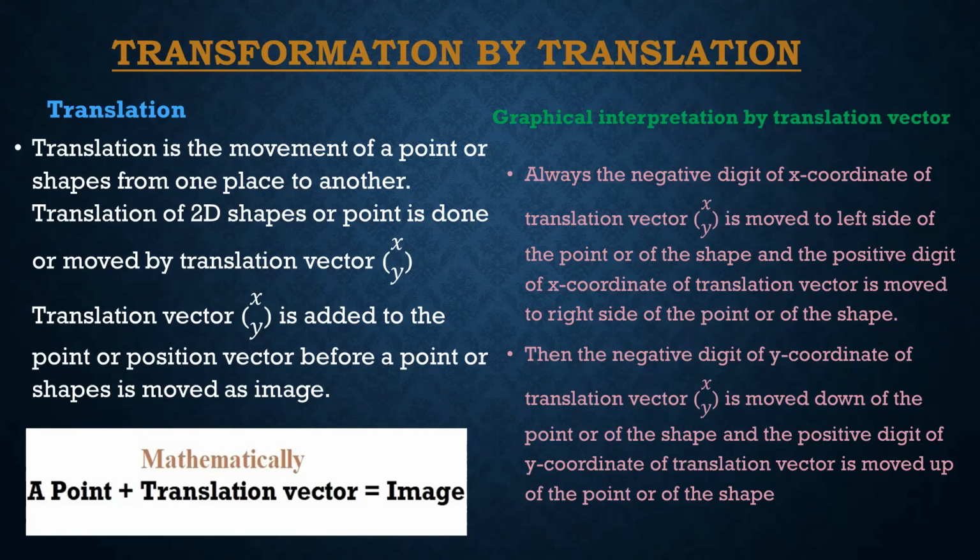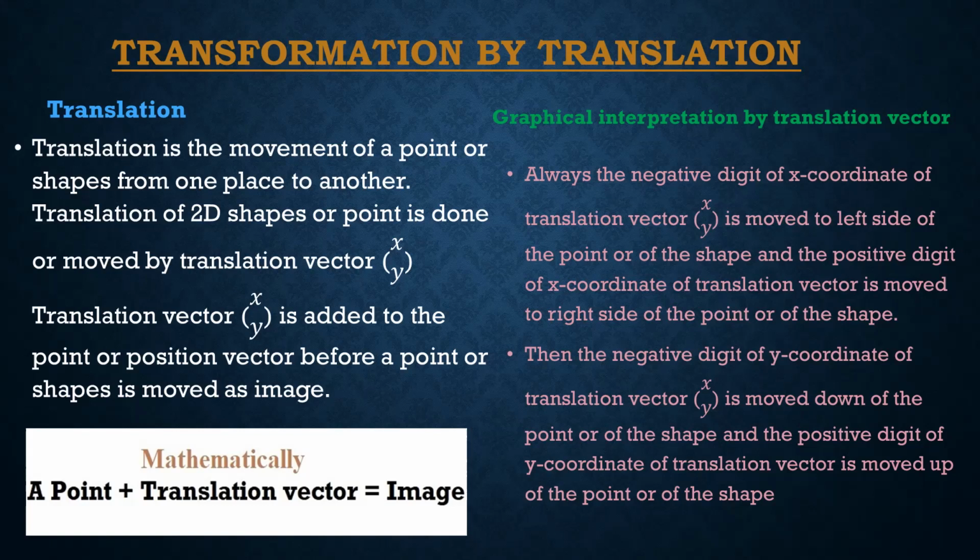The translation vector explains the direction in which an object or a point moves. It either moves right or left along the x-axis, where there are positive and negative numbers, or up the y-axis where the numbers are positive, or down the y-axis where the y coordinate is negative.